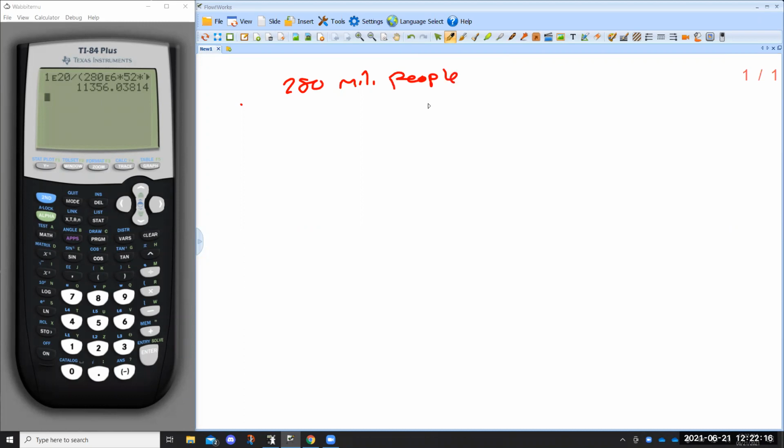Express this as the number of people per square mile if the area of the United States is roughly 3,536,000 square miles.